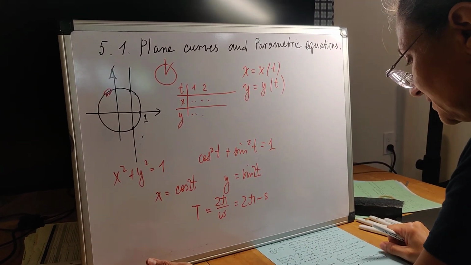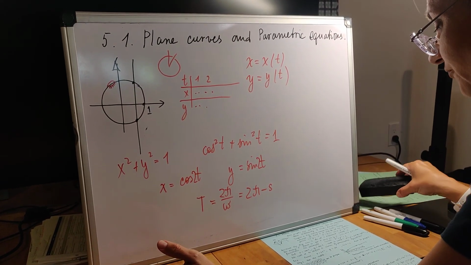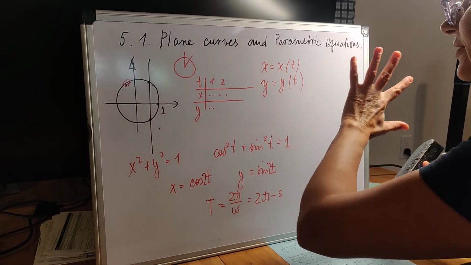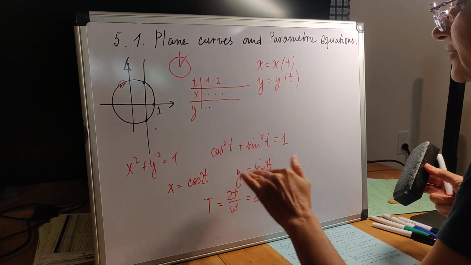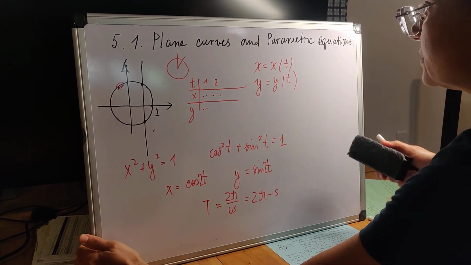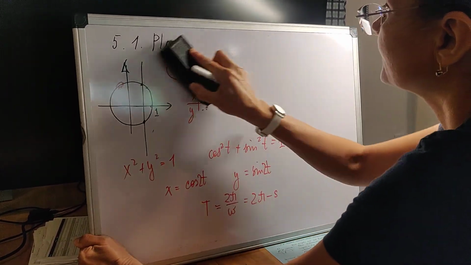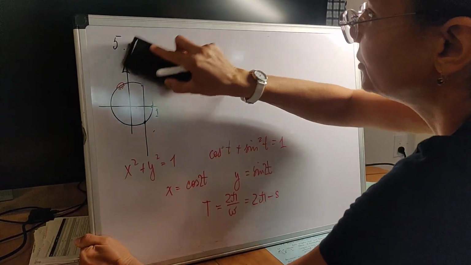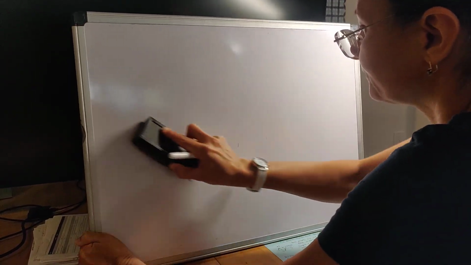Okay, let's consider a couple of examples of parametric equations and how we graph them. Here, everything was already kind of pre-designed, right? We knew that it's a circle, and we assumed that the parametric functions are sine and cosine. But let's consider something which is already in parametric form, and how do we graph parametric equations if somebody creates them for us.